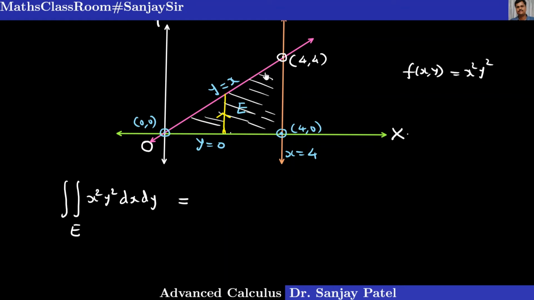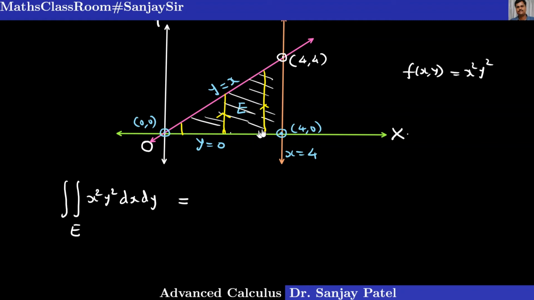Means even if you keep the strip over here, then also you can see the lower end of the strip is on this x-axis and the upper end is on this line y equal to x. So whether it is here or anywhere, for all positions of this vertical strip, the lower end and upper end remain on the same curve. If it is not so, then we have to modify our region of integration, and those kinds of examples we will take later on.